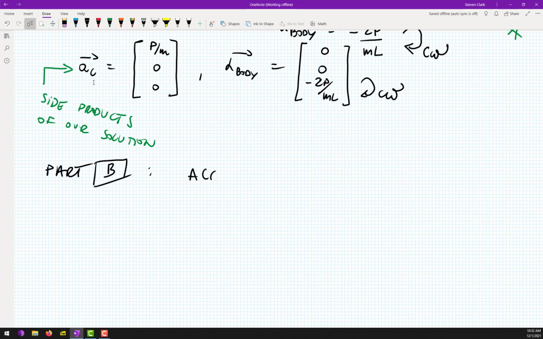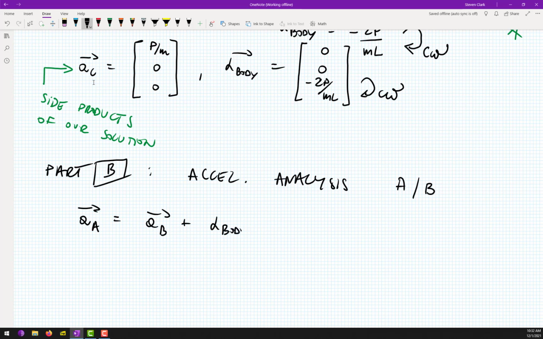So it's acceleration analysis between A and, I don't know, do you want between A and B or A and C? Doesn't really matter. A and B, let's say. So AA is equal to AB plus alpha body times RAB minus omega body squared RAB.